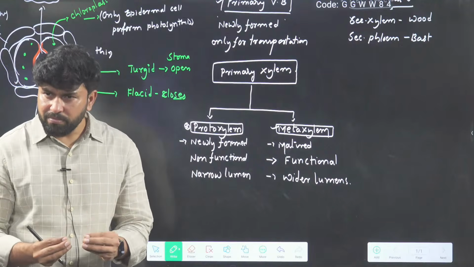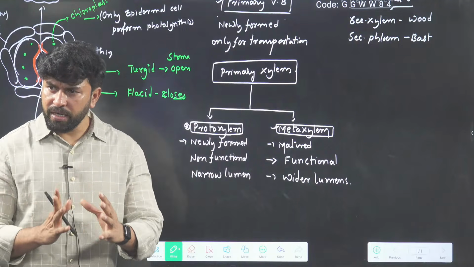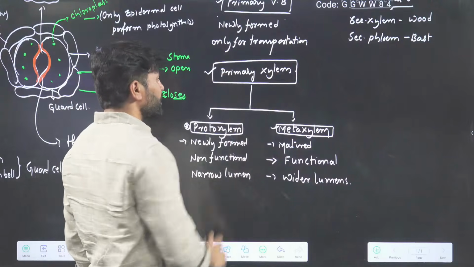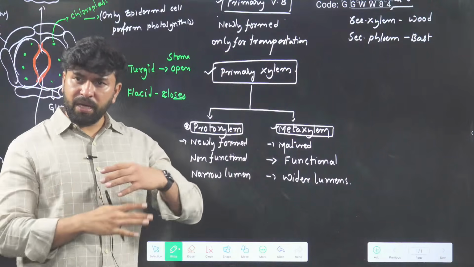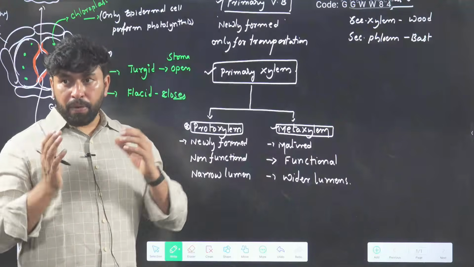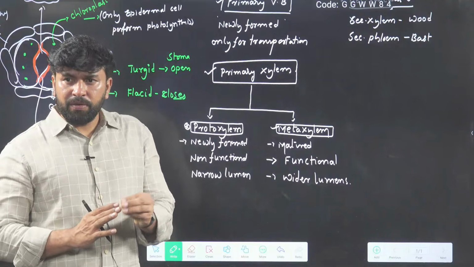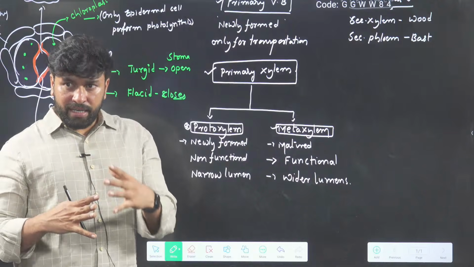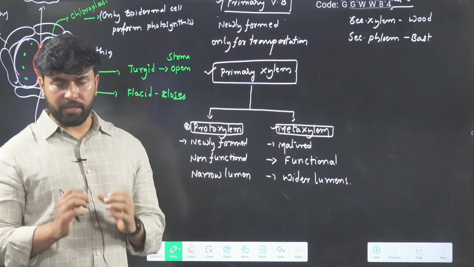Protoxylem is just formed. Metaxylem is already formed and working. Both belong to primary xylem. Primary xylem everywhere, secondary xylem rare. Primary xylem just formed from cambium is protoxylem; matured and conducting water, it is called metaxylem.